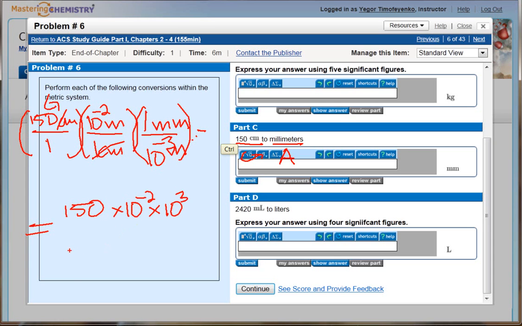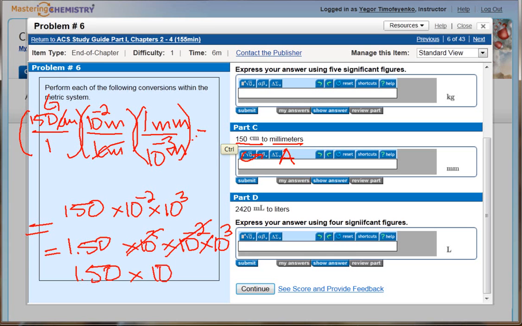So therefore it is 1.50 times 10 to the second times 10 to the negative second times 10 to the third. And the answer is, centimeters and meters cancel out, 1.50 times 10 to the third.